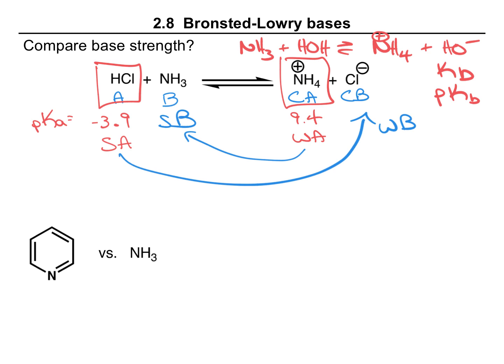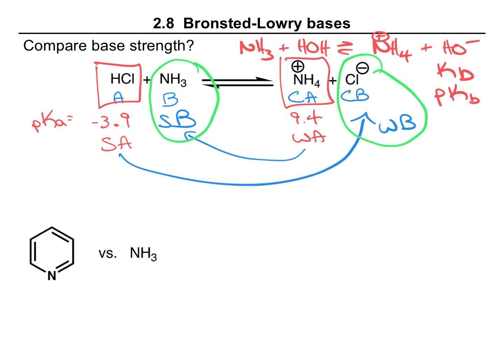And so our stronger acid has the weaker conjugate base. Our weaker acid has the stronger conjugate base, which means we were now able to compare that ammonia is the stronger base and chloride is the weaker base. So we don't have to have tables of pKb values. We can use the pKa values.